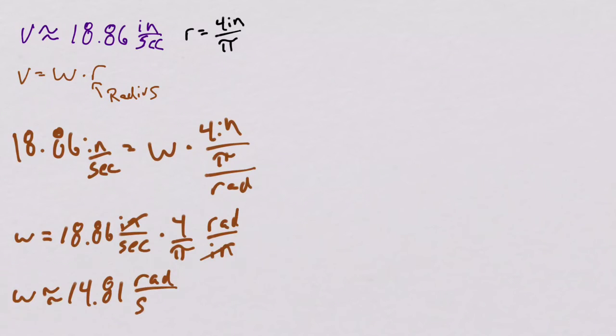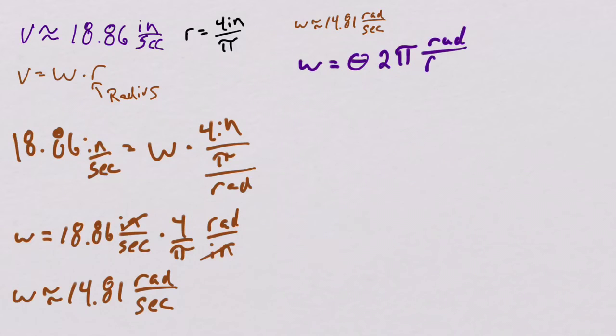radians per second. Now we are going to use this bit of information to calculate our RPMs, our revolutions per minute. So we have our angular velocity is 14.81 radians per second. The equation I will need to use is my angular velocity equals my RPMs times 2 pi, which is of course radians per revolution.